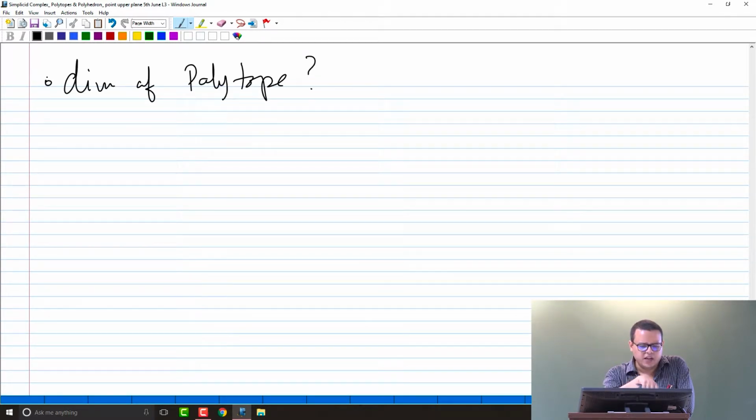Obviously, I cannot use the first definition, it makes no sense. I do not want to make a distinction in terms of dimension between a triangle and a square in R^2. So, you want to use the geometric definition. The dimension of the polytope is the dimension of the minimum dimensional affine space that contains the polytope.